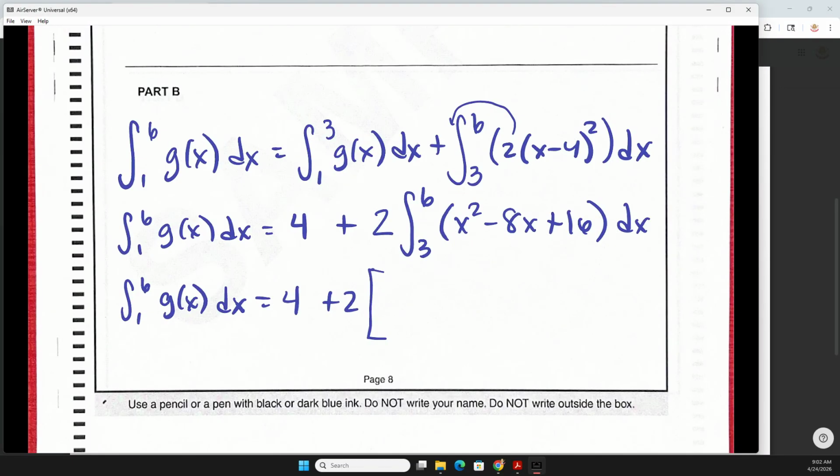I'm writing too big. We still have a little bit of work to do. Okay, and then go ahead and find the antiderivative of x squared minus 8x plus 16, please.